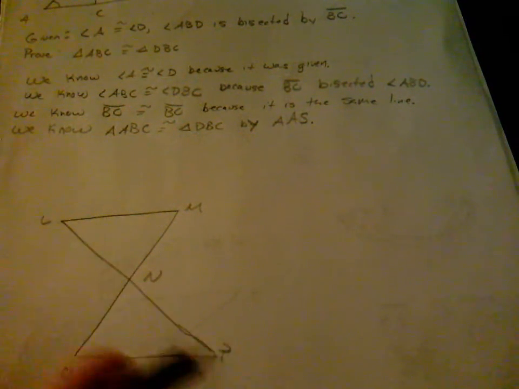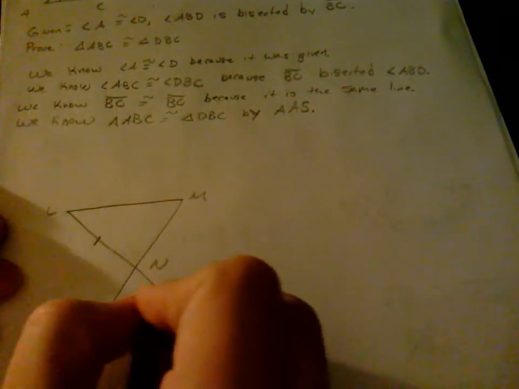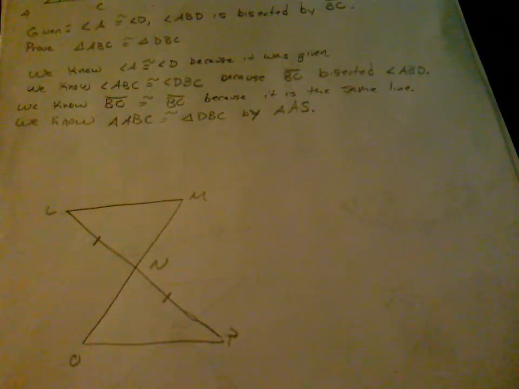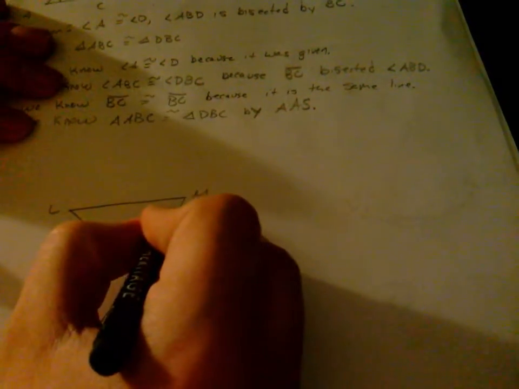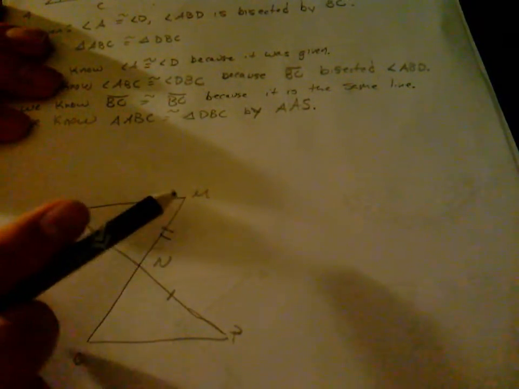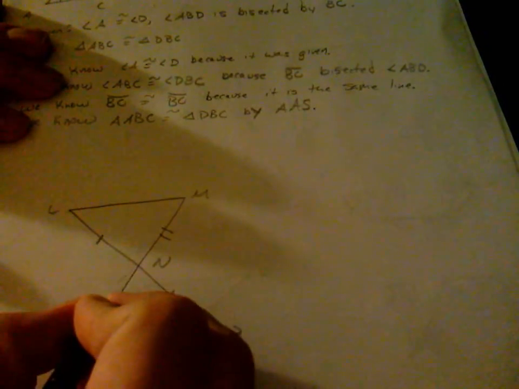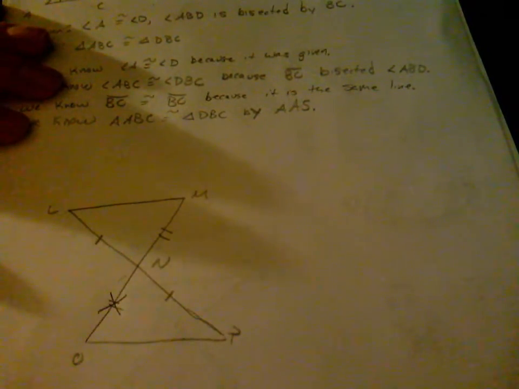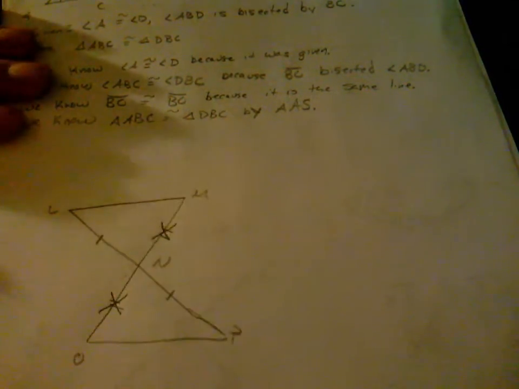By the fact of the matter that we know that this is the midpoint, we know that this is congruent to this. But unless it's stated, we don't know that N is the midpoint of MO. So therefore, if you mark like this, you're in the wrong. This is not correct, because I never told you that N is the midpoint of MO.